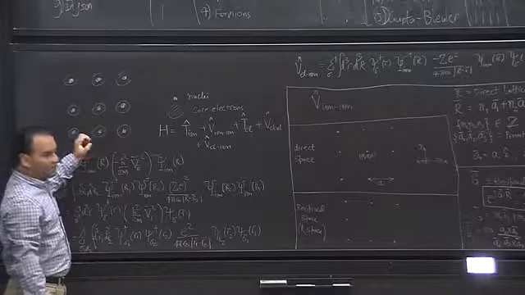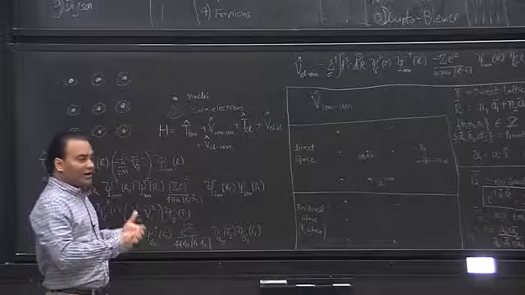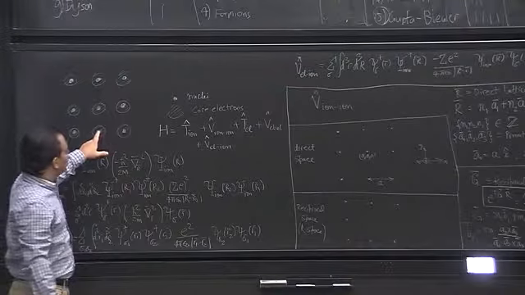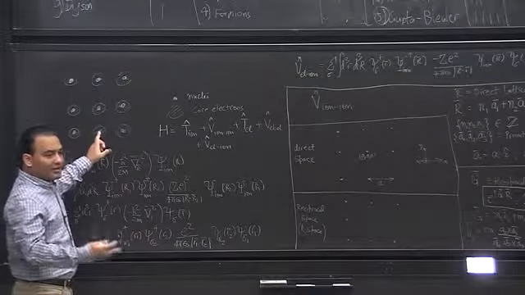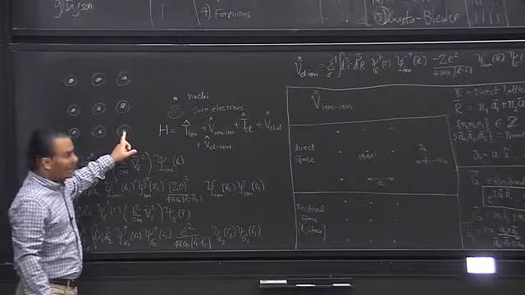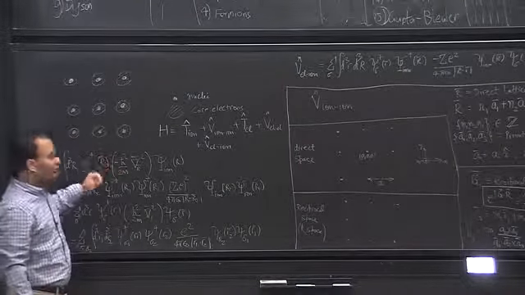The only dynamic process that we allow for in this model is that the electron is tightly bound to this, and by some process it can jump here, but it will then be tightly bound to this, or it can jump here and be tightly bound to this.